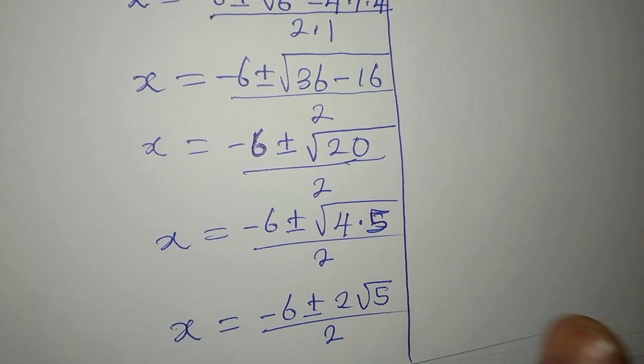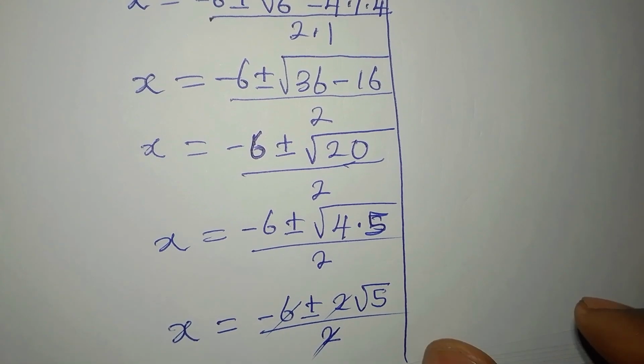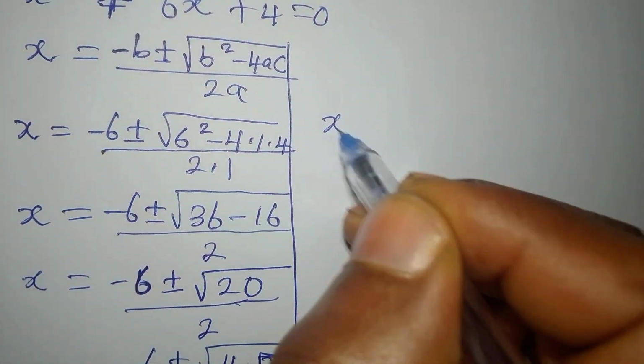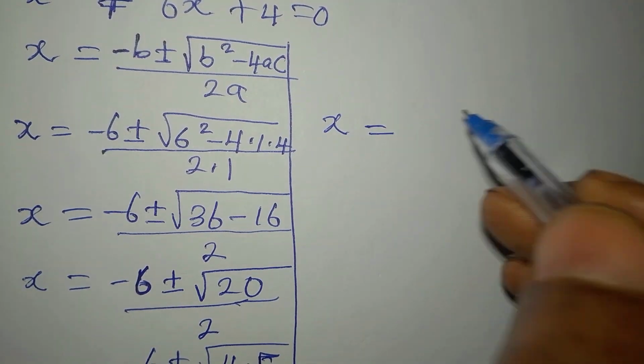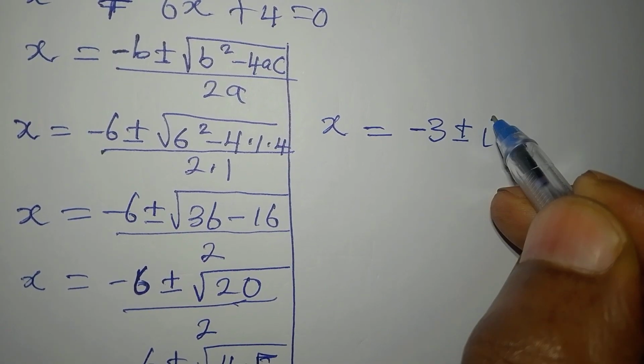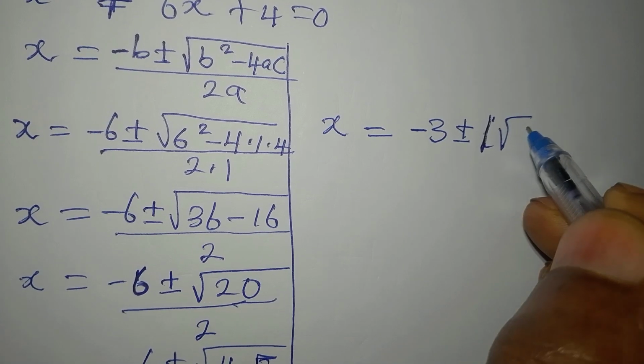If you want to reduce this, 2 will go here 3 times, and the same 2 will go here 1 time. So this means that our x will be equal to minus 3 plus or minus 1 root 5.